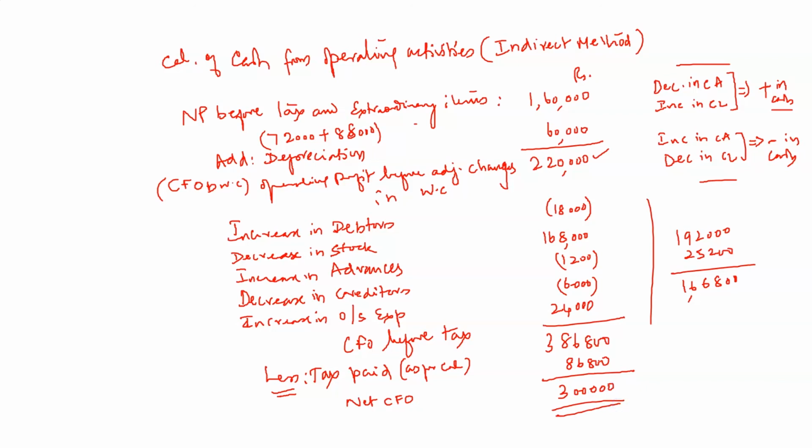This is what we arrived at in the direct method also. So there is no change in the computation with regard to investing and financing activities. So the same amounts can be used here.